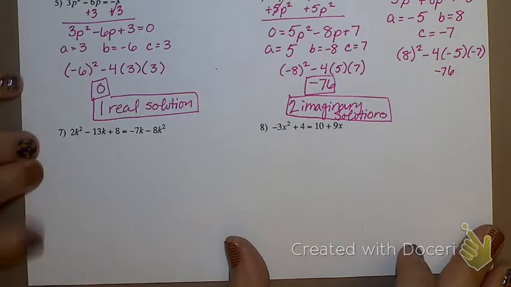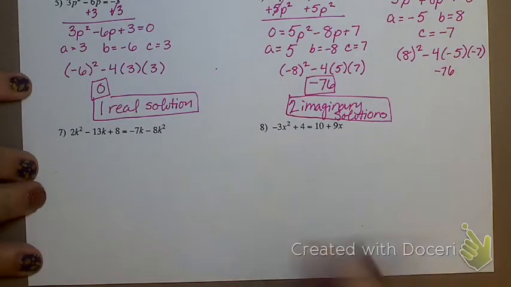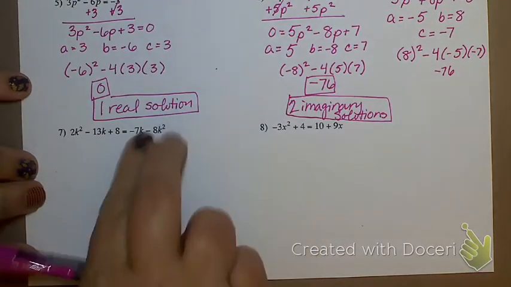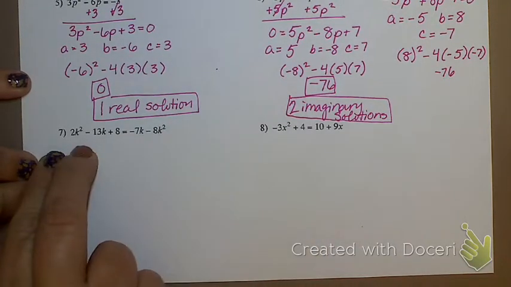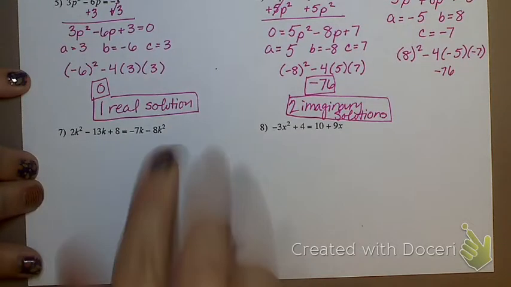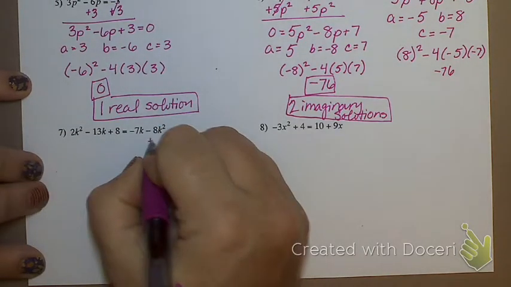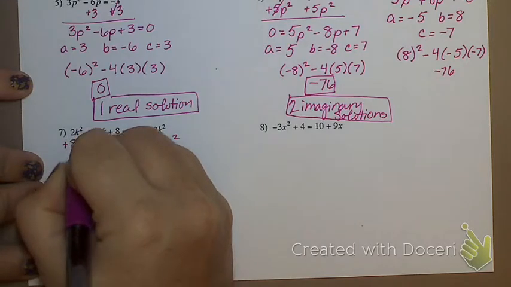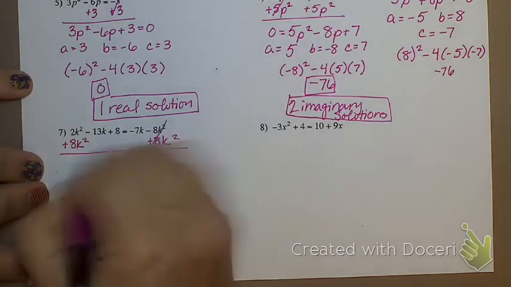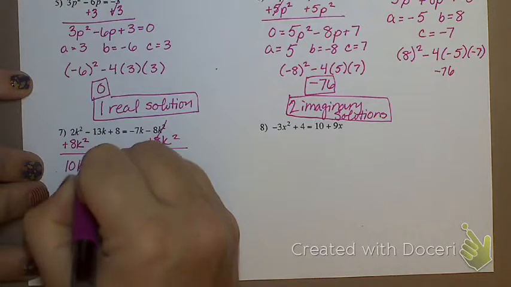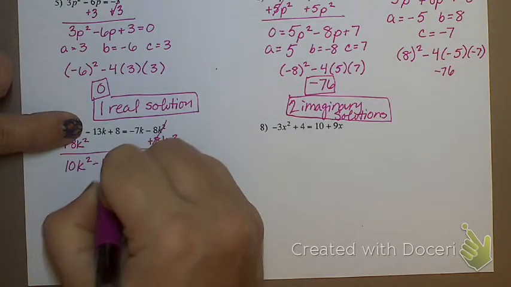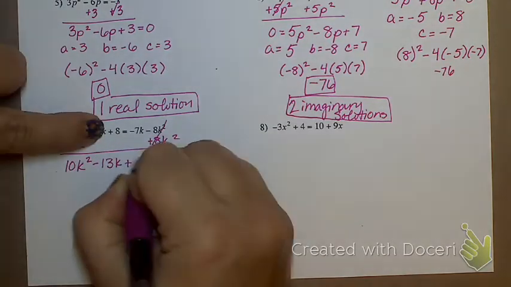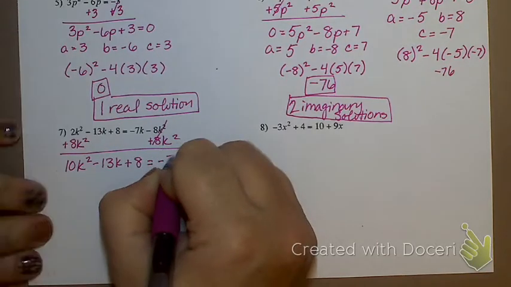Okay? All right. This guy's got a lot. I'm going to move to the left because that means I only have to move 2 things, whereas if I move to the right, I have to move 3 things. So I'm going to add 8k squared. And that gives me 10k squared minus 13k plus 8 equals negative 7k.